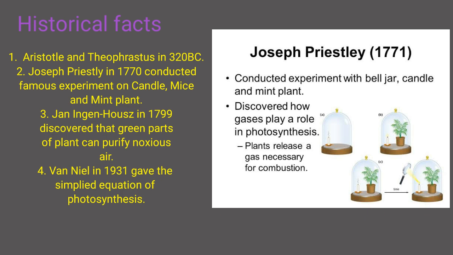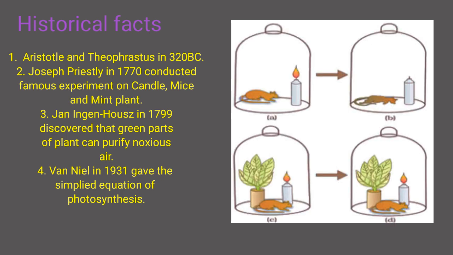After that, many studies went on, and in the year 1770, a scientist named Joseph Priestley conducted a very famous experiment on a candle, a mouse and a mint. In the picture, as you can see, they are kept in closed glass jars. In the first case, there is a burned candle in a closed jar, and there is one mouse.